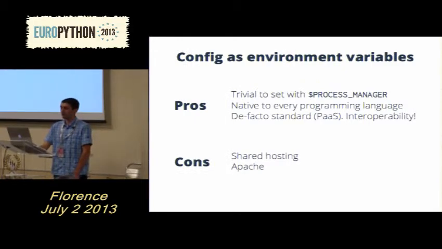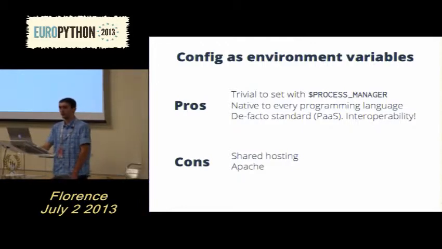One very standard way to expose configuration is via environment variables. The main advantages are that it's very easy to set up with virtually any process manager. They work in all programming languages.